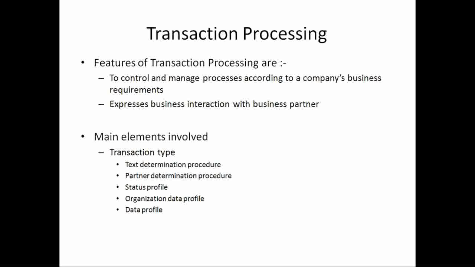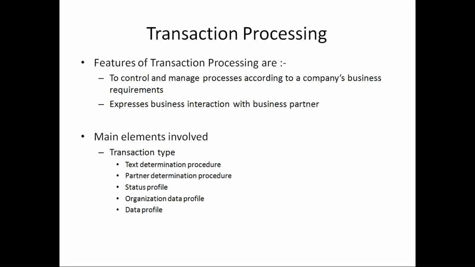Transaction processing is used to control and manage the processes according to a company's business requirements. That is, whatever interaction is taken forward with a business partner will be processed as a transaction in SAP CRM, and in order to handle that, there are various elements involved where the main element is the transaction type, that is to separate each and every transaction based upon their own unique functionality.